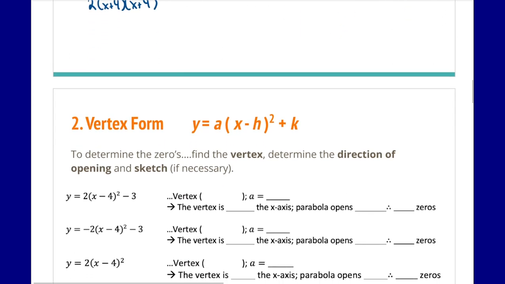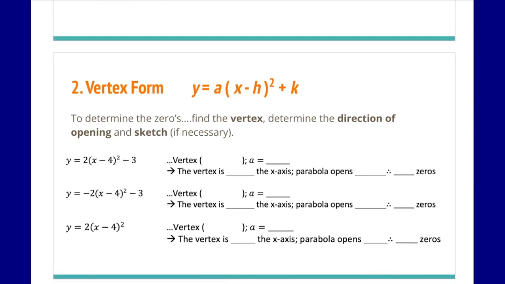If we look at vertex form, it's a little bit different because the vertex form doesn't tell us what the x-intercepts are, but we can use some general reasoning based around what the vertex form does give us. In this case, we want to find the vertex, which is just the h and the k value.